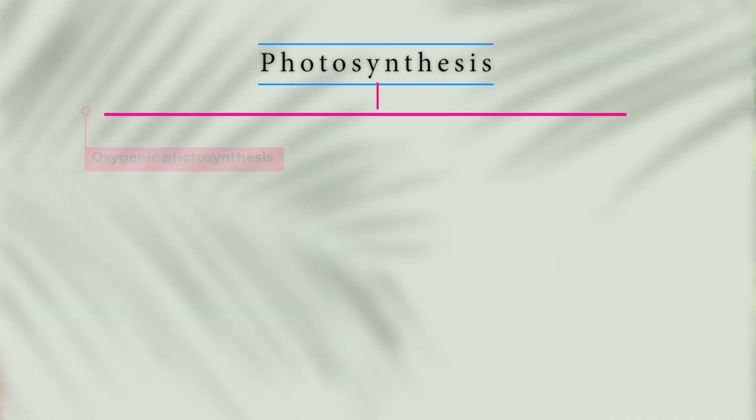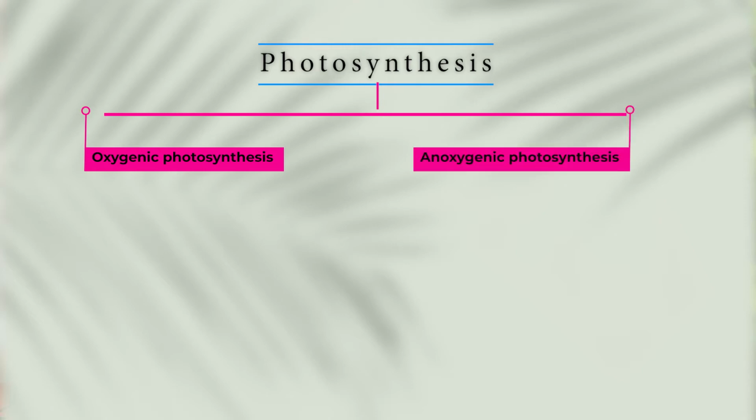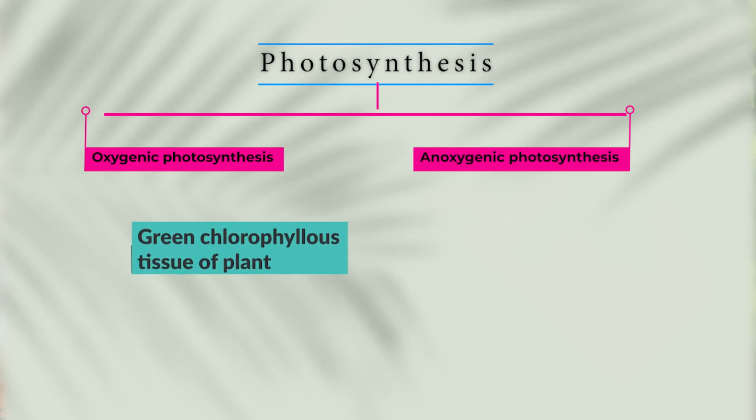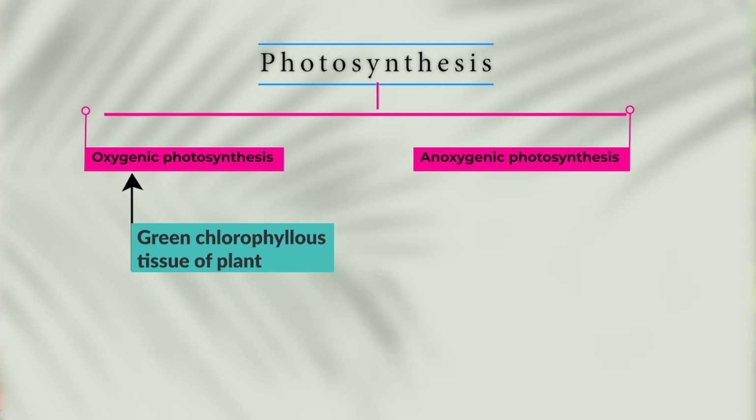Actually, photosynthesis can be of two types, which is on the basis of release of oxygen. Accordingly, the process which releases oxygen is called oxygenic photosynthesis, and if it is not released, it is called anoxygenic photosynthesis. In oxygenic photosynthesis, actually the process is involving the green chlorophyllous tissue of plant.